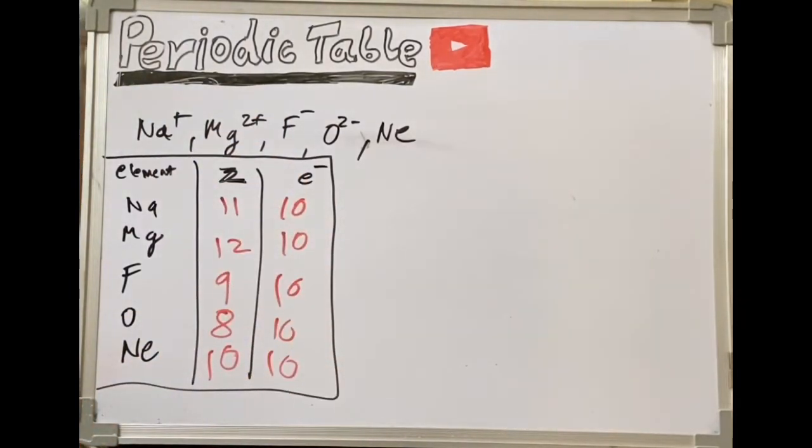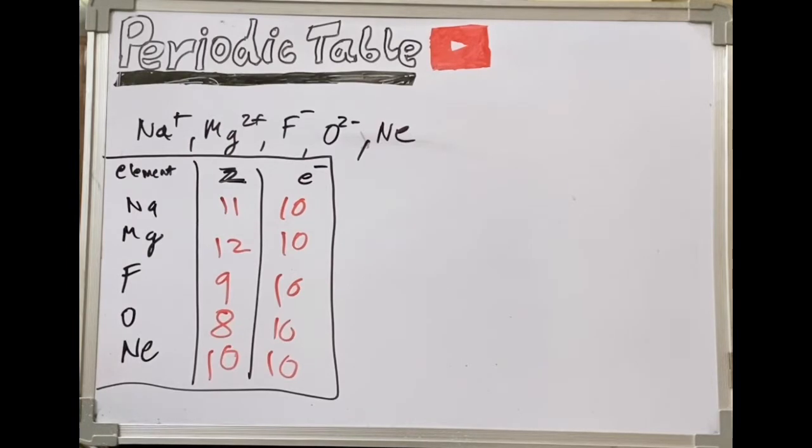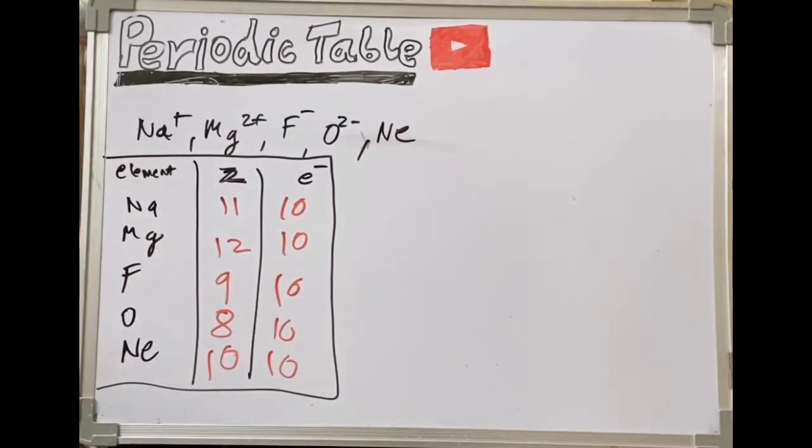So this is an example of isoelectronic species: species having the same number of electrons are known as isoelectronic species. But now you have to compare their ionic radius. If you apply logic, you can say that here the Z value of Mg is more than any other, so the nucleus will attract the electrons with much more force than in any other atom.